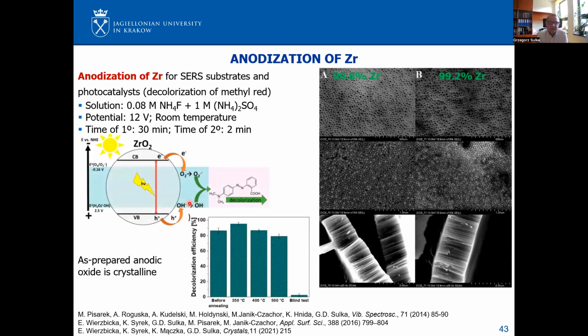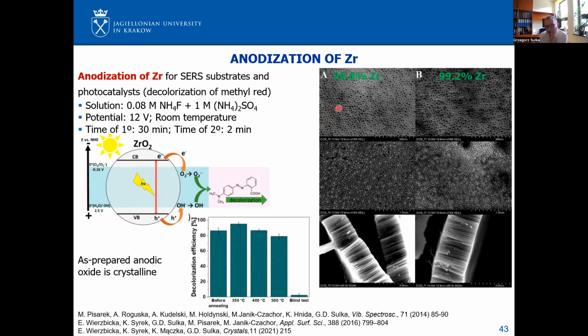The next example is zirconium oxide. We studied 2 different substrates, but as you can see, there is no big difference in the anodized layer. The oxide has a similar pore diameter, and we use such structures as surface enhanced Raman spectroscopy substrates, and also as photocatalyst for the decolorization of methyl red.